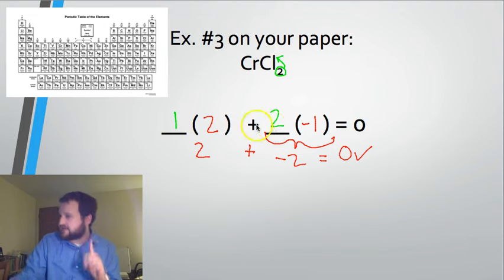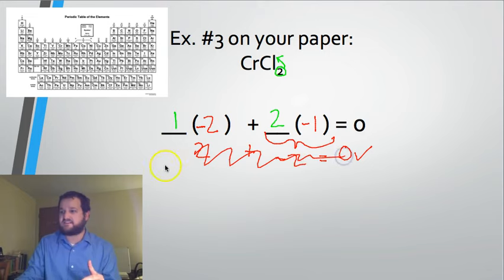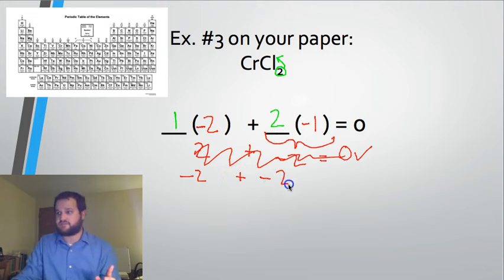Now I know a lot of you were looking at this and you were really tempted to put a minus here. I know you were. But if we did that, instead of having this, we would have 1 times -2, which is -2, plus 2 times -1, which is -2 again.